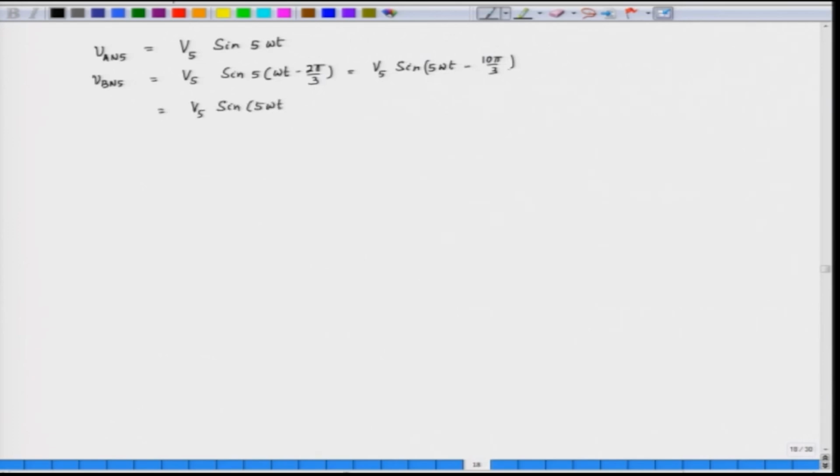If we simplify this, we will see that this is the same as plus 2 pi by 3.